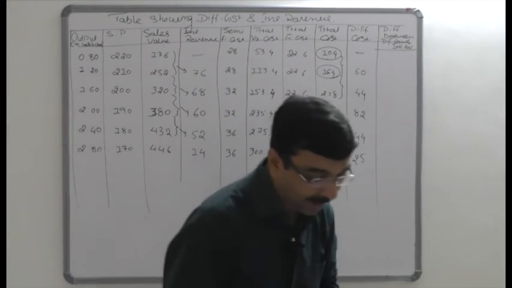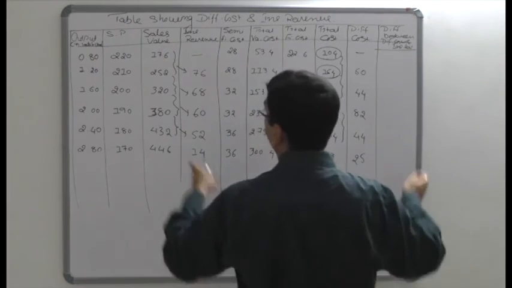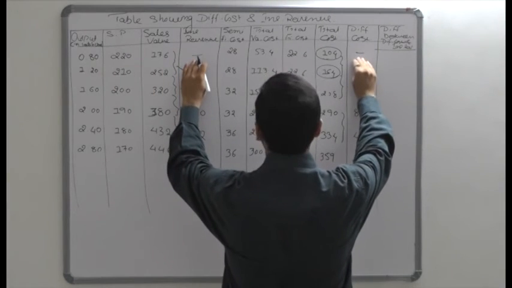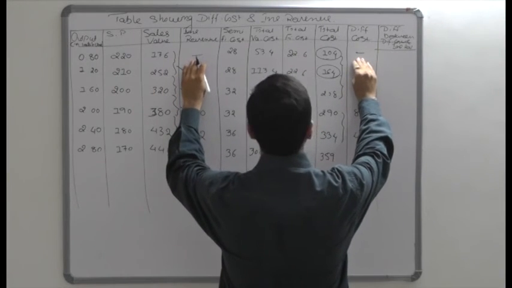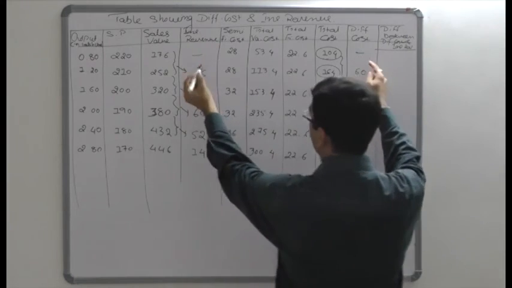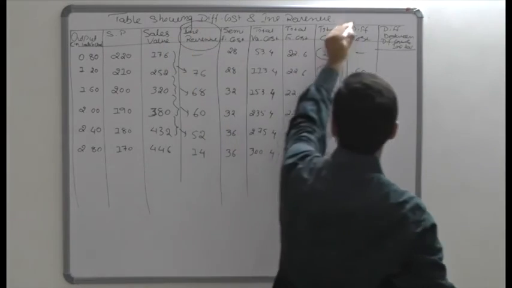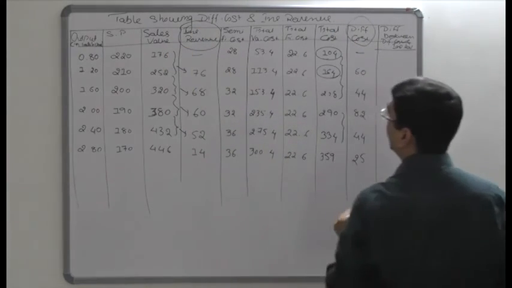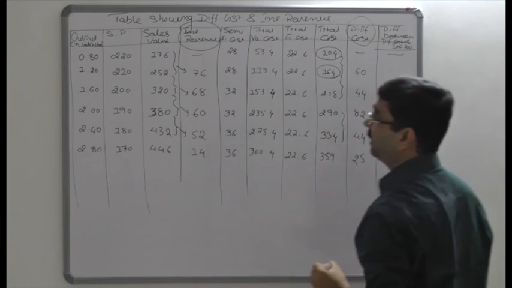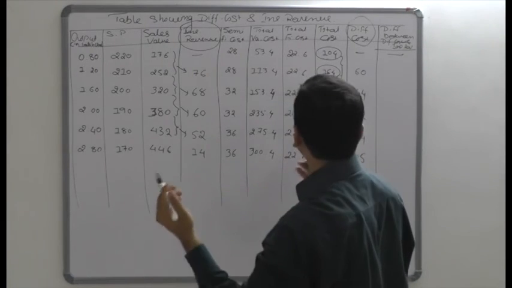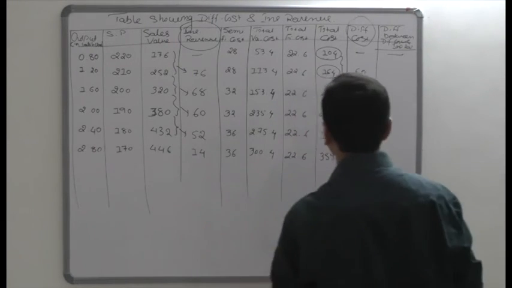So we will identify this by comparing two parameters: one is incremental revenue and the second is differential cost. So now we will compare these two columns.